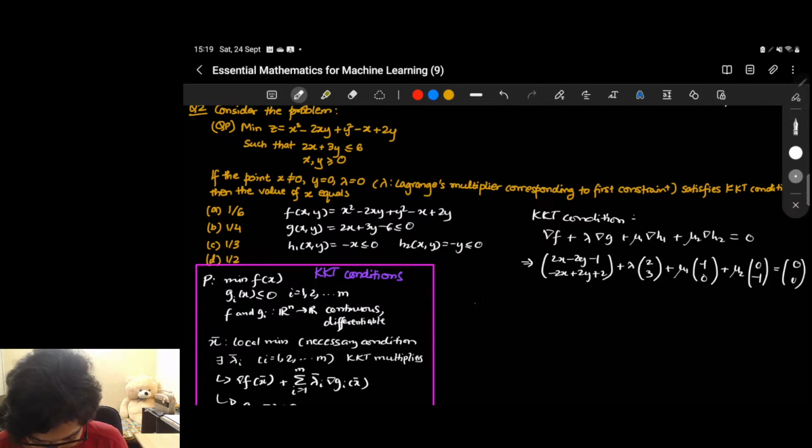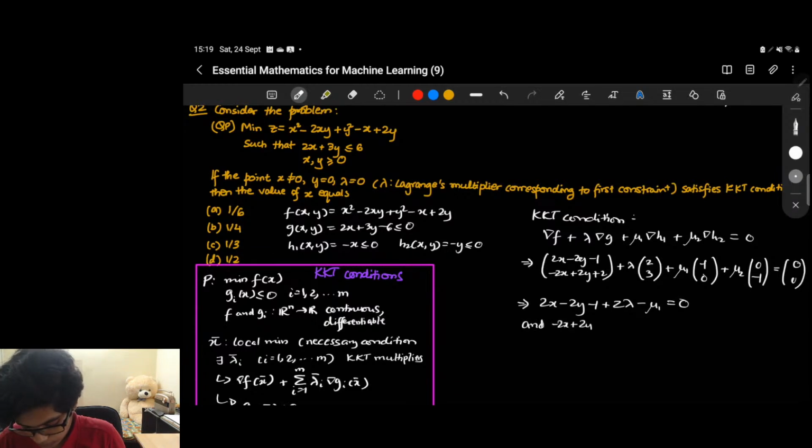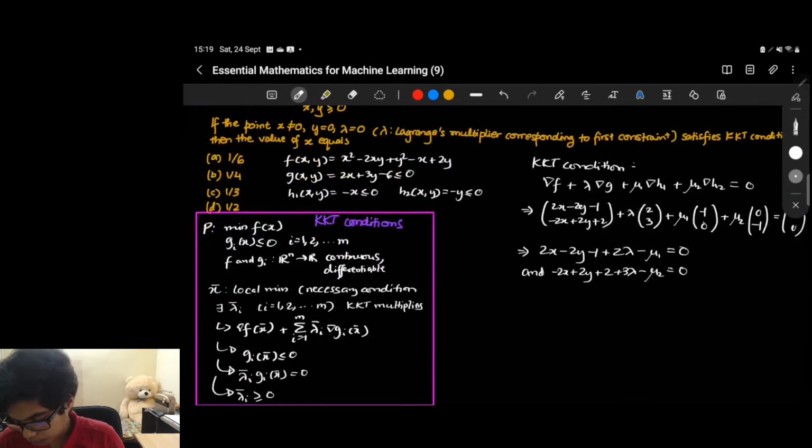So this implies this is the first equation, and this is the second equation.